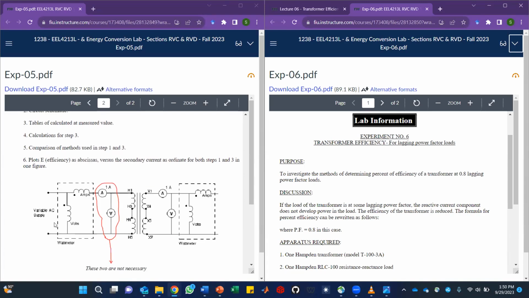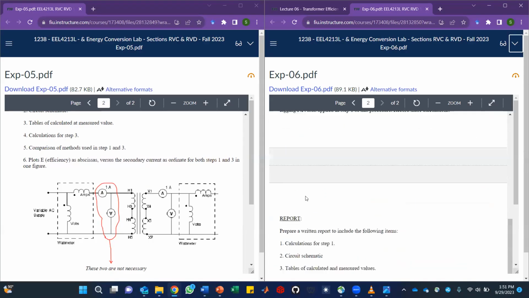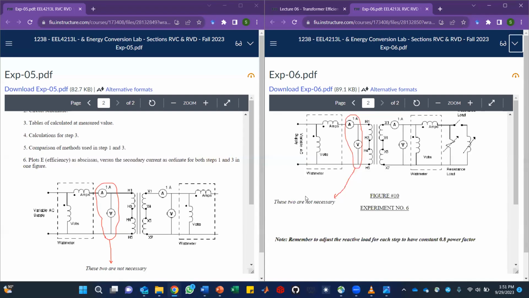One time we'll supply the primary side with 140 volts, and second step we'll supply the secondary side with 70 volts. When we supply the primary side with 140 volts, the loads will be connected with the secondary side. Same goes for experiment number 6.